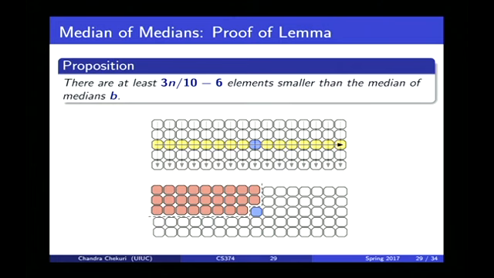So I shuffle that group and put them above, and for every column, I do that. Does that make sense? So now what happens? We took these n over 5 guys and found the median of them. That's what we did.